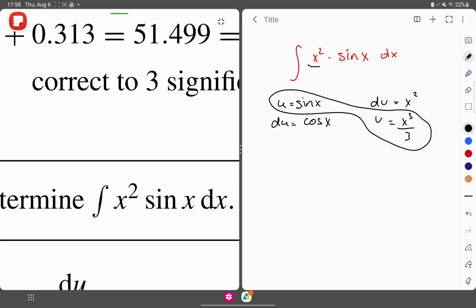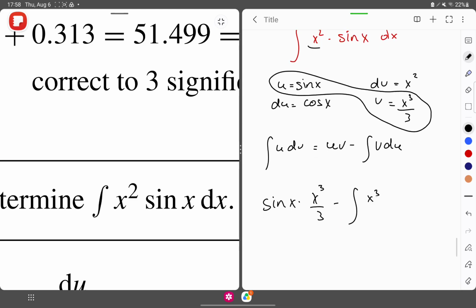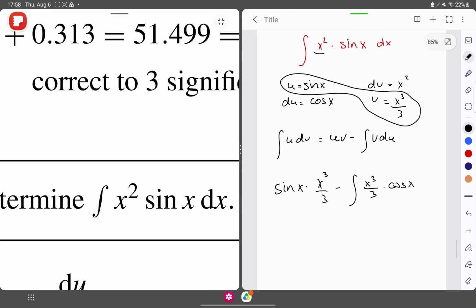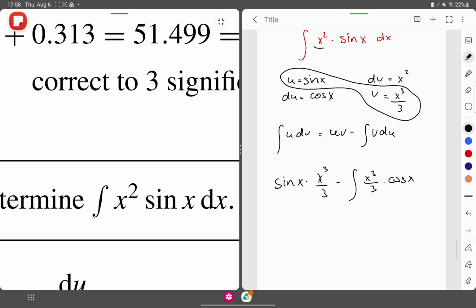Okay, so our formula is integral of u dv equals uv minus integral of v du. Okay, sine x times x cubed over 3 minus integral of x cubed over 3 cosine x. So it will be really hard for us, but as I said, I want to make u x squared, so I will try with that technique as well.